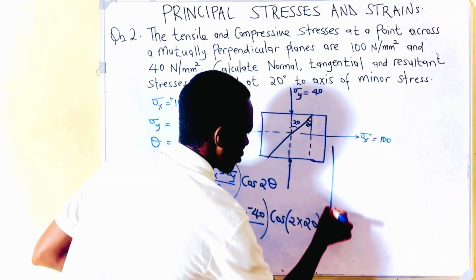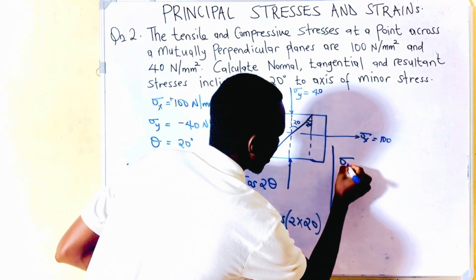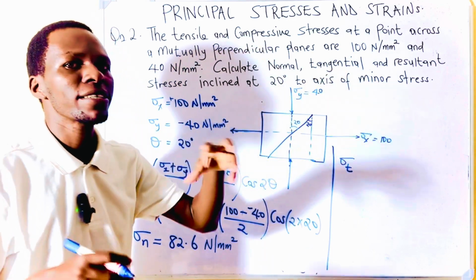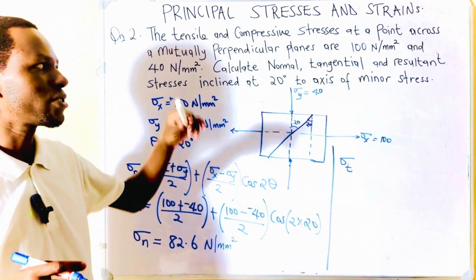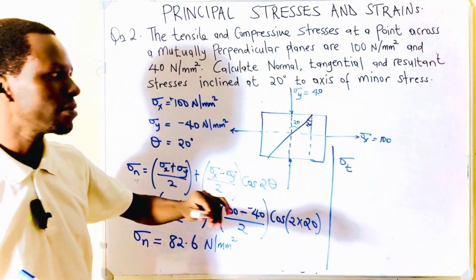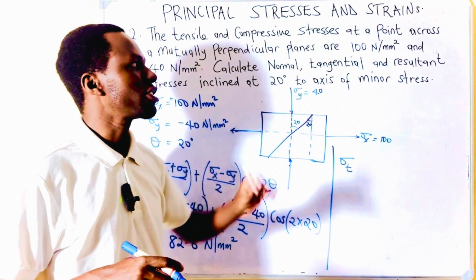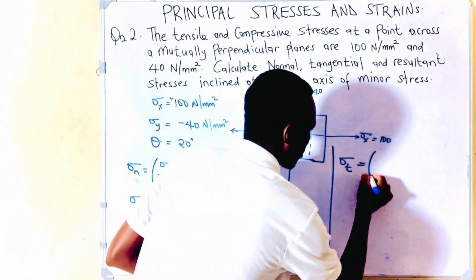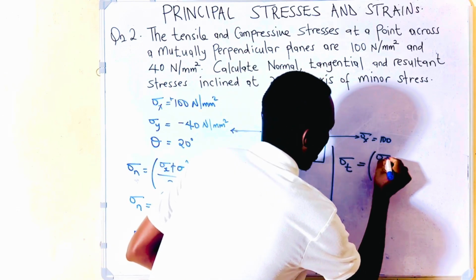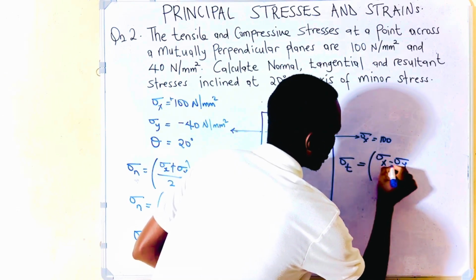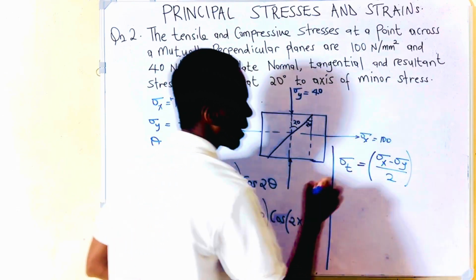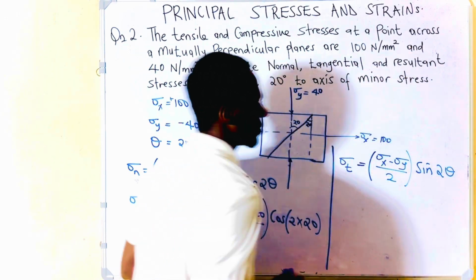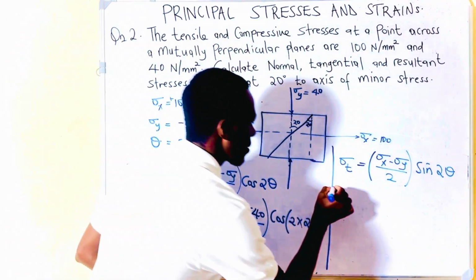Let me show you how to calculate sigma t. That is the tangential one that the question is asking. Remember, this word tangential is the same as the shear stress. If they ask you to calculate the shear stress, just like in our first question, it's the same as asking you to calculate the tangential one. The formula we found was sigma x minus sigma y over 2, times sine of 2 theta. So sigma t equals sigma x is 100, minus sigma y is minus 40, everything out of 2, times sine of 2 times 20.